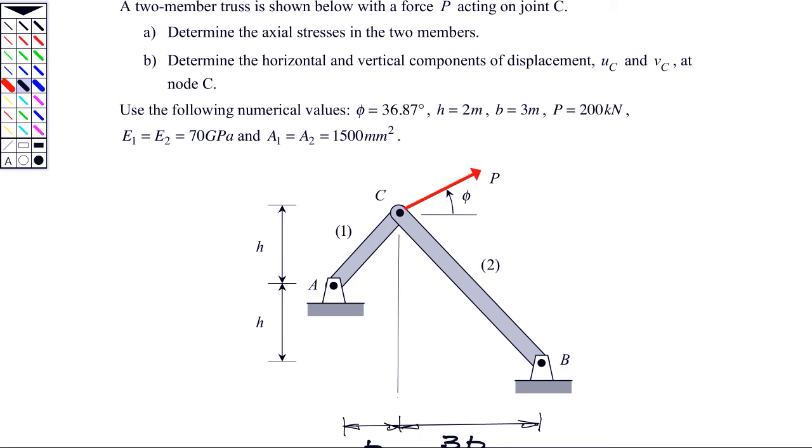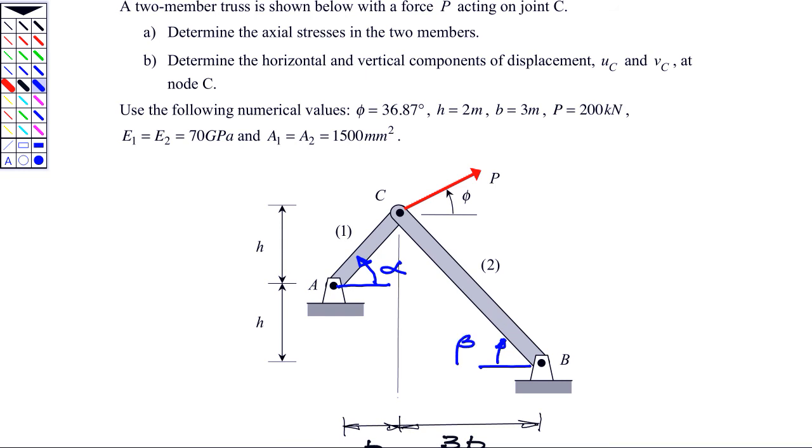Before we start, what I would like to do is define some angles in our truss. The first one here is going to be the angle alpha. The second one is the angle beta.